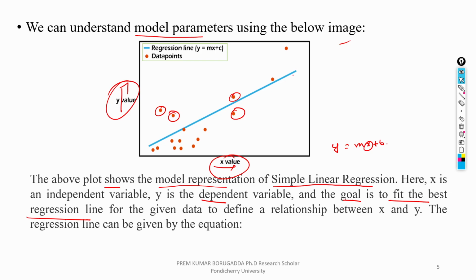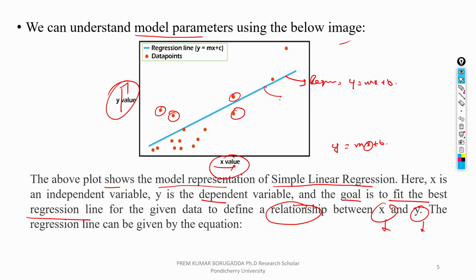This line is our regression line, where the regression line means y is equal to mx plus b. We have to identify the relationship between x and y, where x is the independent variable and y is our target variable.